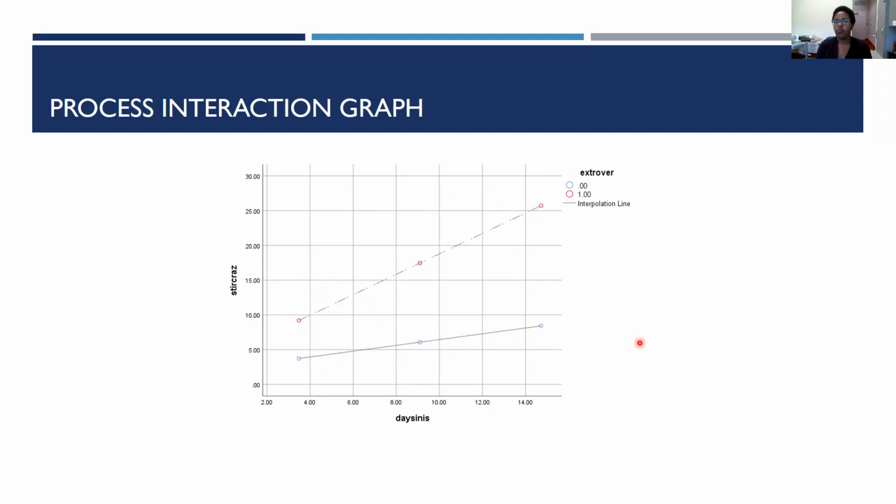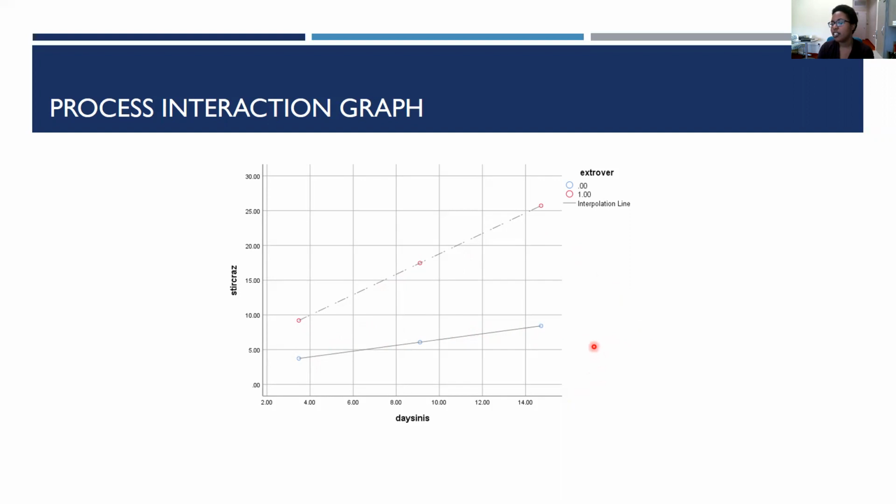Okay, so the process of interpreting an interaction graph, you can approach this in a couple different ways. The first way is by treating each line as a trend and saying, okay, I'm going to talk about what happens in the introverts, and then I'm going to talk about what happens in the extroverts.